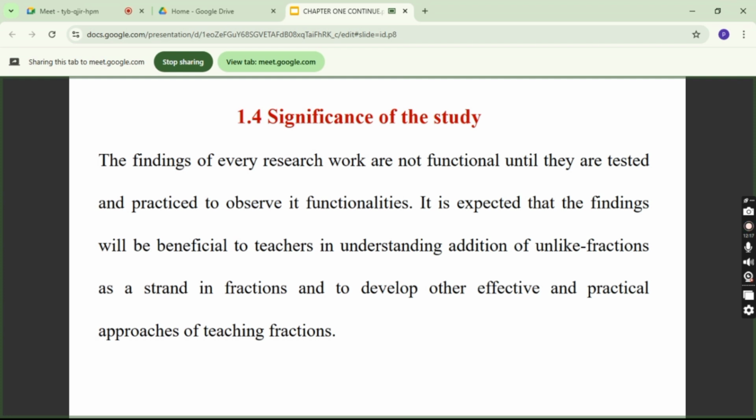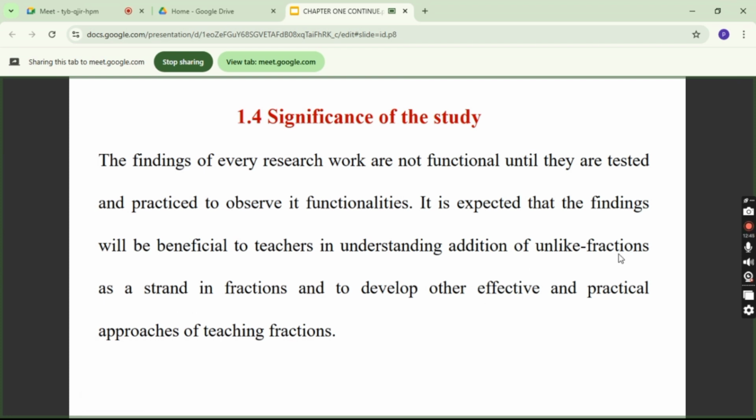It is expected that the findings will be beneficial to teachers in understanding addition of unlike fractions. So the topic that I chose was implementing paper folding in solving unlike fractions at Abaye MA Basic School. So you can see the key elements I have highlighted. The research is beneficial to teachers in understanding addition of unlike fractions as a strand in fractions.